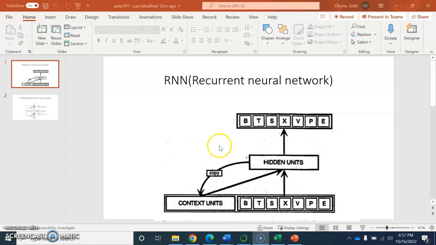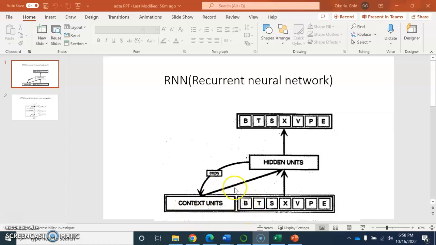In this diagram, the one at the bottom represents the input example in the current moment, and the context unit here represents the output of the previous moment. So it's simply saying that the recurrent neural network, or the RNN, has two sources of input. It has the present and the recent past, which is combined to determine how they respond to new data.